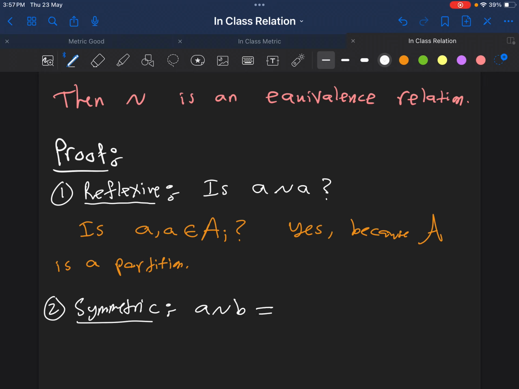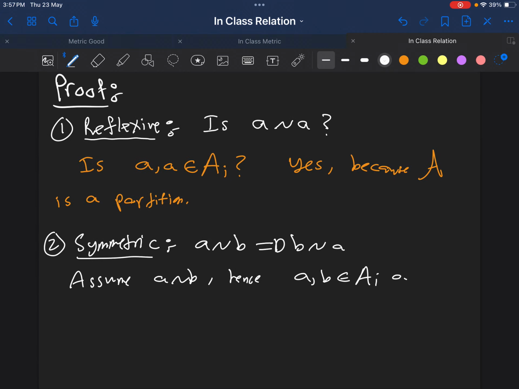Symmetric, if we assume A related to B, then B must be related to A. So I will assume A related to B. Hence, A comma B is in A_i. And so B comma A will also be in A_i. Remember, this is a partition. So B and A can be only in one set. They cannot be in different sets. So I'm sure that they are here. Thus, A tilde B, or B tilde A.